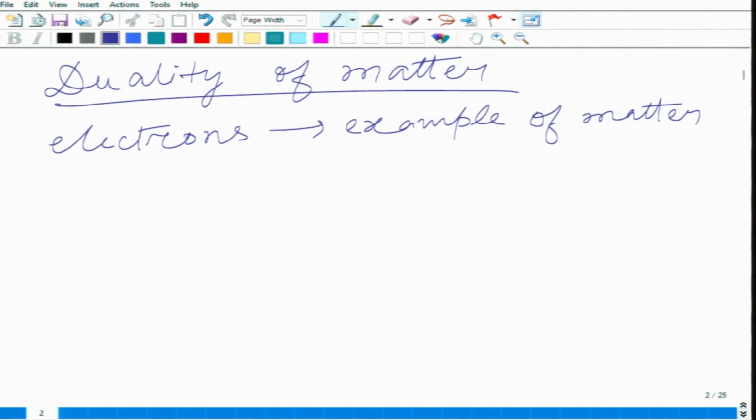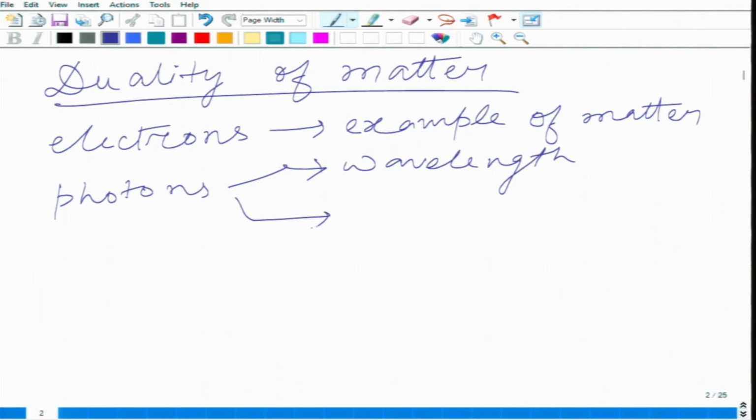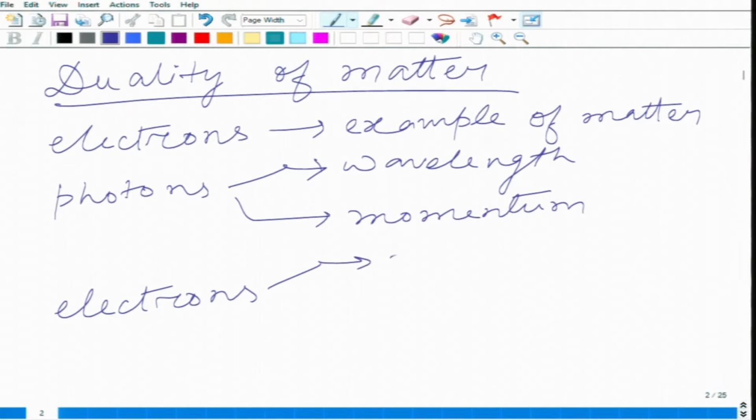So, if photons can have both wavelength and momentum, then electrons can also have momentum as well as wavelength.